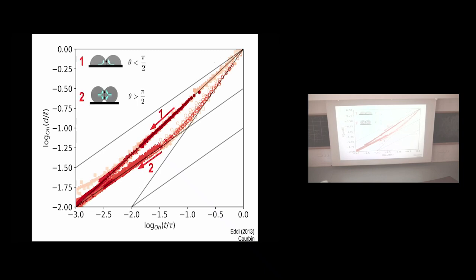And this is a completely open subject. In some cases, I like this experiment, for instance, by Eddy. He looked at coalescence of droplets that were either spread on the substrate or not. Basically, depending on the wetting condition between the droplets and the substrate, he saw cases where the dynamics followed this path or the dynamics followed this path.